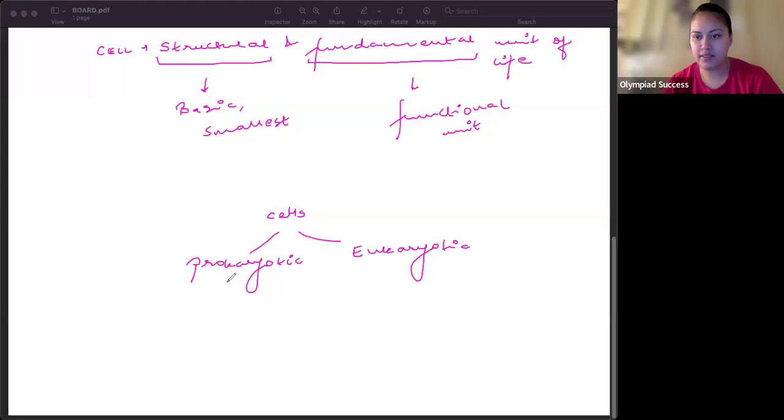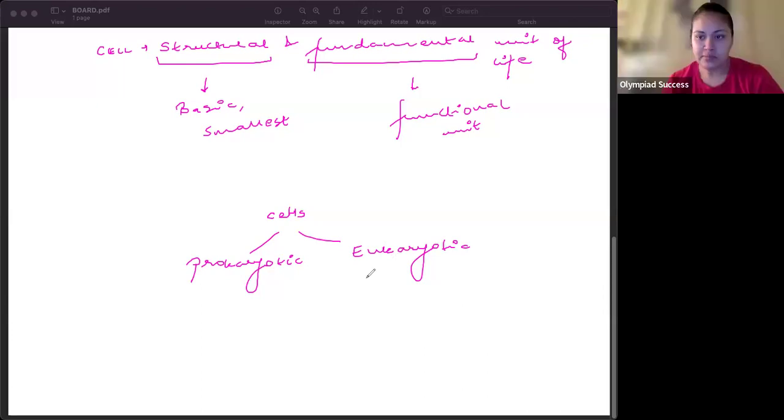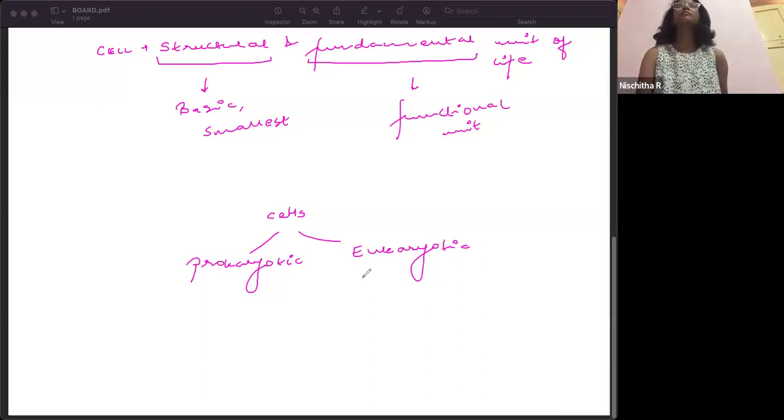And eukaryotic cells are mostly available in all the types of organisms, and they have a lot of cell organelles, and they have different organelles for every different function.